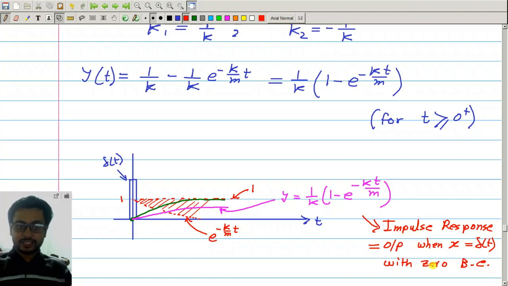That means 0 position, 0 velocity. So in this way we actually have found the impulse response of our float or of our system.